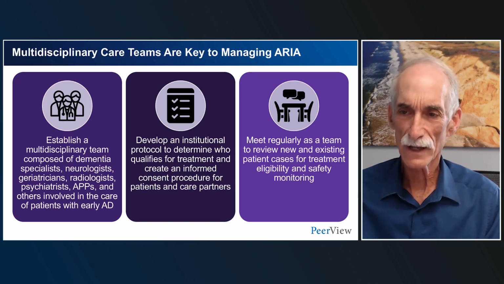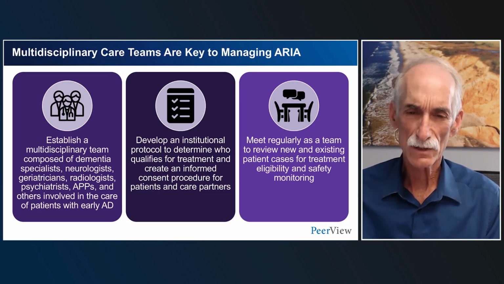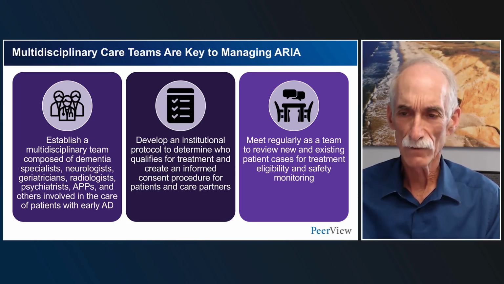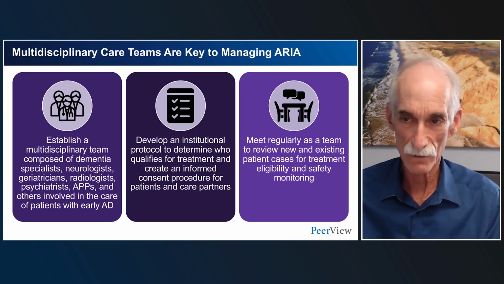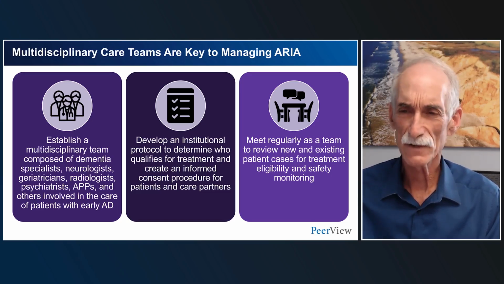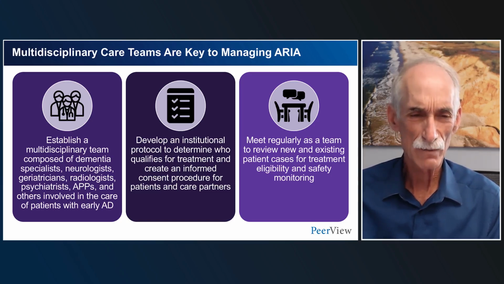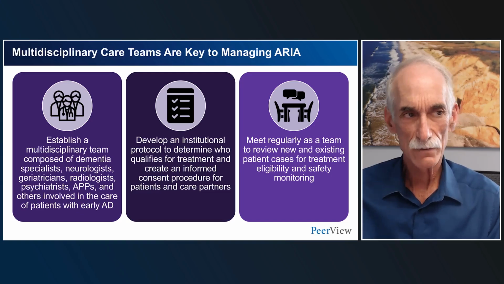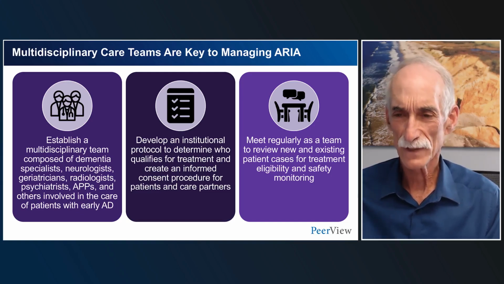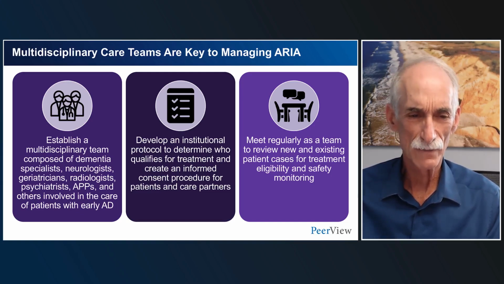We have a very active team approach here with multidisciplinary care, which is really helpful. We have an ongoing case conference where we review all the cases to determine eligibility, and then we also monitor. We review all the MRIs, and we monitor for safety and also help with management of ARIA. So it really helps to have that framework if that's available to you.